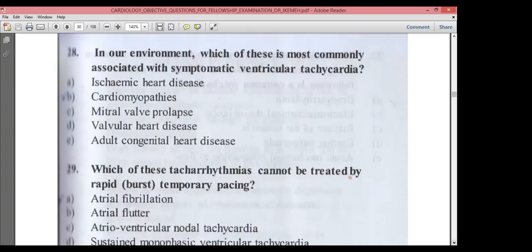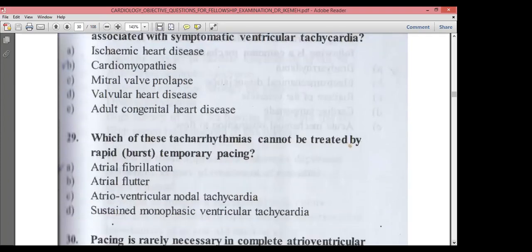Okay. 29. Which of these tachyarrhythmias cannot be treated by rapid burst temporary pacing? So this question is asking us about indications for transvenous temporary pacing. What I read is that you can actually use pacing to detect or terminate tachycardias.